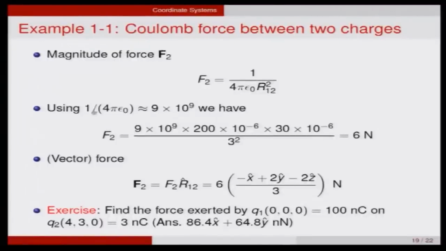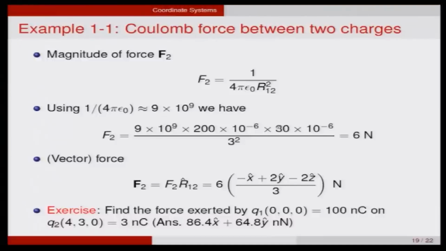Now here is an approximation that you can use frequently. 1 by 4 pi epsilon naught can be approximated as 9 into 10 to the power 9, because epsilon naught is of the order of 10 to the power minus 12, and when you multiply 4 pi and the corresponding value for epsilon naught, this is an approximate value for 1 by 4 pi epsilon 0. You can put that approximation. If you have a good calculator, you do not have to do this approximation, but if you decide to, you can just write it over here, and multiply the magnitude of the charges.